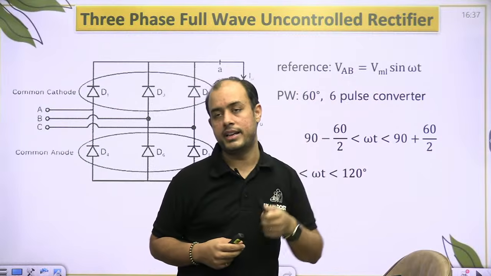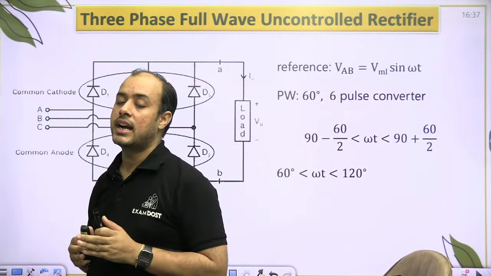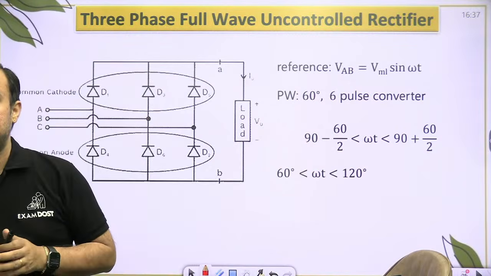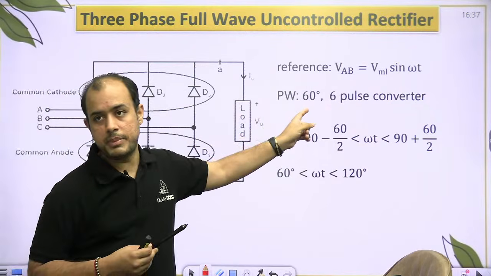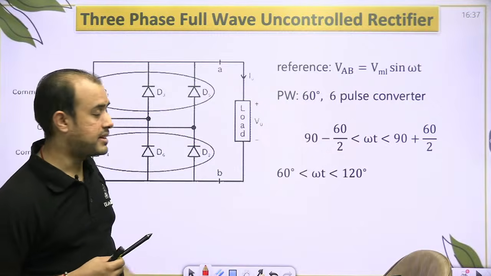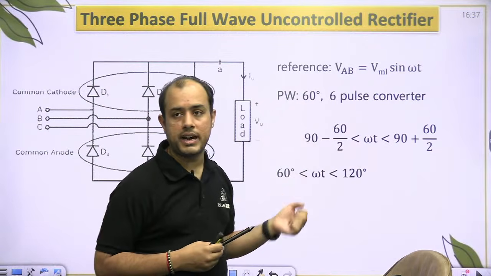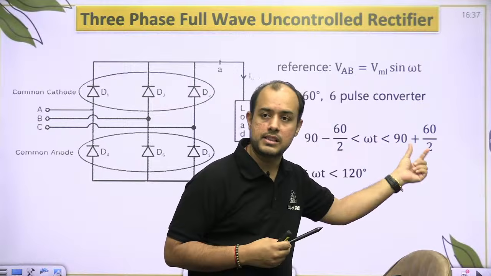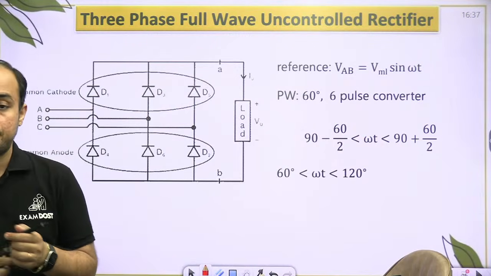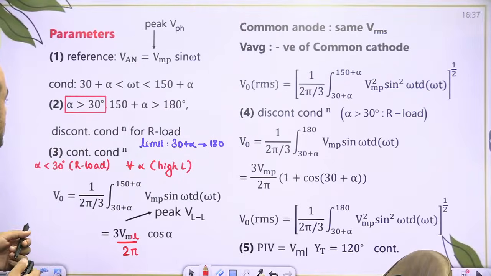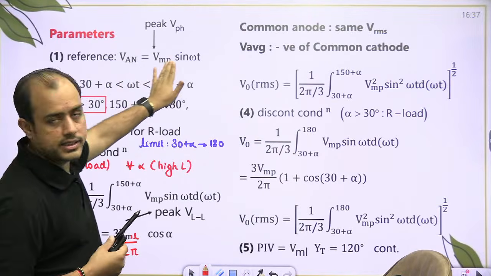VML sin omega t. Now sin omega t is maximum at 90 and it is a 6 pulse converter. So pulse width will be 60. So you subtract 90 minus pulse width by 2, 90 plus pulse width by 2, you get the interval 60 to 120.